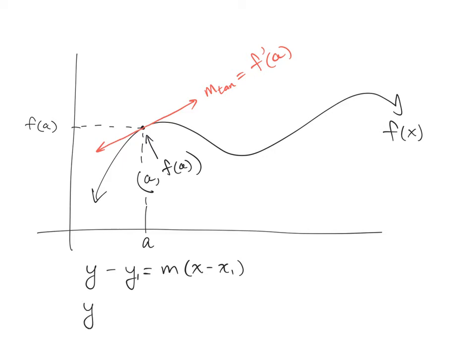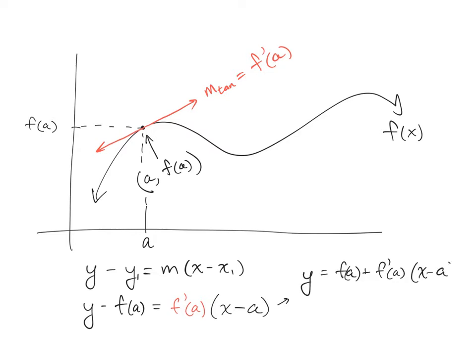So this is y minus f of a equals, the slope of that tangent line is way over here, f prime of a times x minus, and the point that we know, the x value, is a. So if you just add f of a to both sides, you'll get exactly the equation of the linearization: f of a plus f prime of a times x minus a.